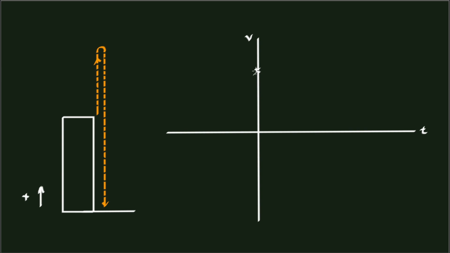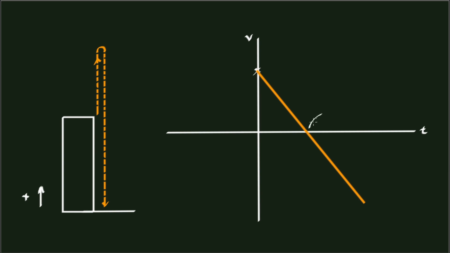The velocity starts at some positive number and decreases as it goes up and reaches a velocity of 0 at the highest point and continues on with the same slope. Now the velocity has become negative and it becomes more and more negative, larger and larger in magnitude, and this is what the graph looks like for the entire motion.